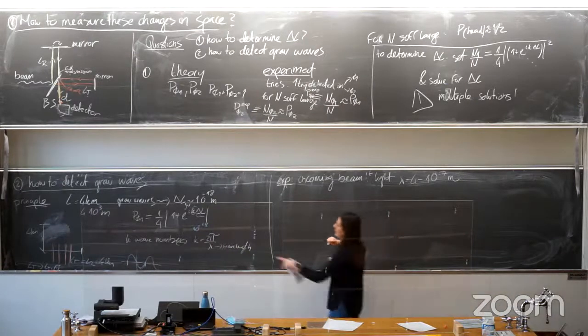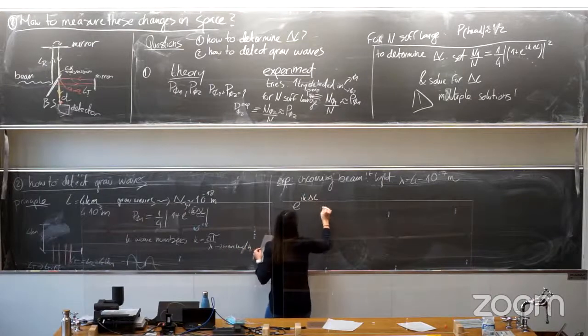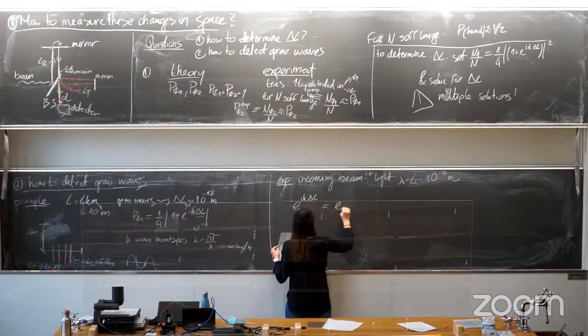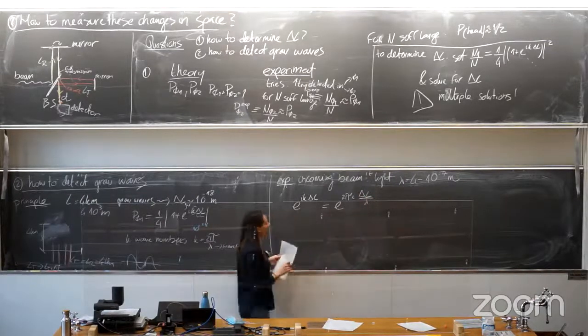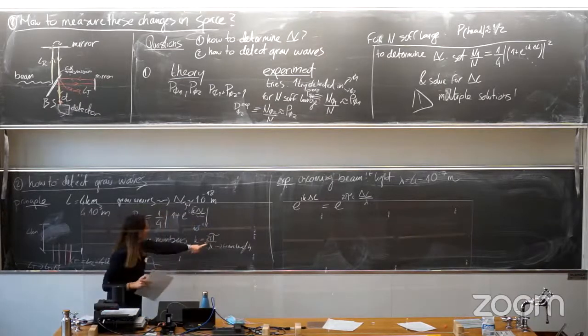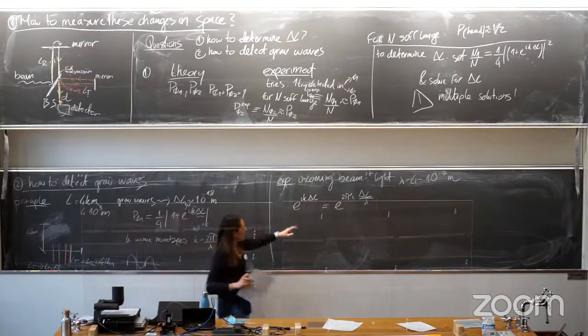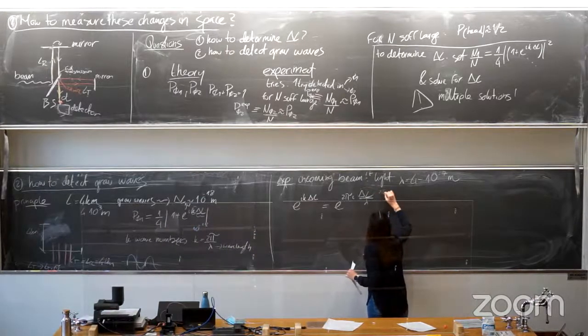If we rewrite this, e to the i k delta L will become e to the 2π i delta L divided by lambda, inputting this formula. Now we have here 10 to the minus 18, and here 10 to the minus 7.